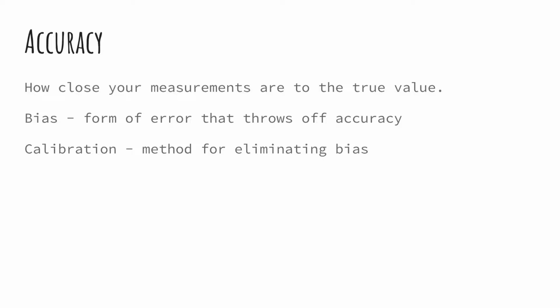So you take something that you know weighs 50 grams, put it on the balance, it measures 50.1 grams, you know that it's reading 0.1 grams too high. Most digital balances, it's easy enough. You just hit the 0/tare button and it does that for you. For an analog device, calibration is a little bit more difficult. It means you have to take the measurement and then write down the error and remember it yourself.